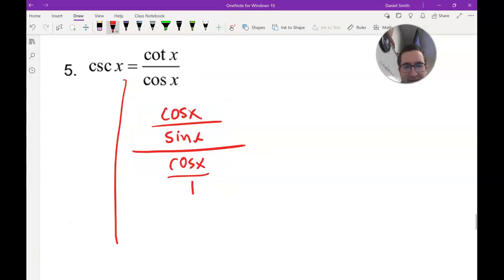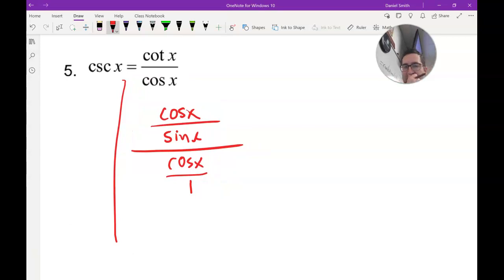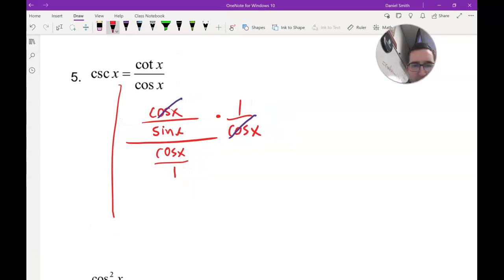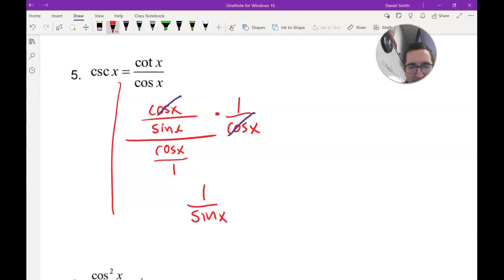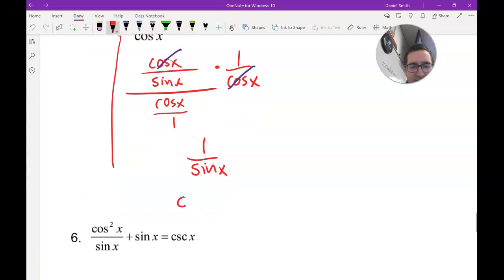So now we have this. We've got a fraction divided by another fraction. So instead of dividing, we're going to multiply by the reciprocal, which helps us because those cancel. And then we're left with just a 1 on top and just a sine on bottom. And this is great because 1 over sine, you always keep peeking over here, 1 over sine is cosecant.